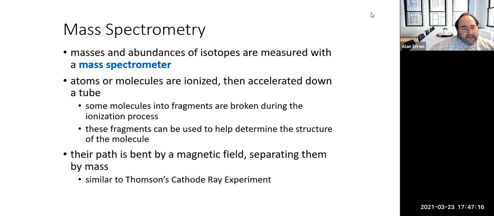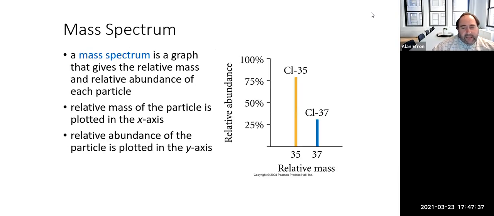But basically, atoms and molecules are ionized, then accelerated along a tube with a magnetic field, and it bends them. Then they shoot out at different times, based on their size and mass as they're broken up into these fragments. And we get a graph, something like this, for example.